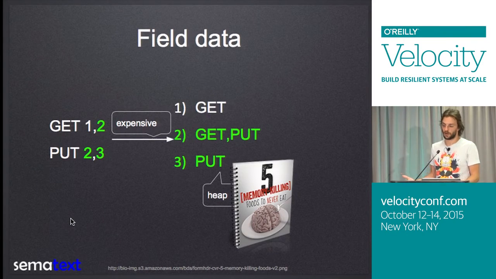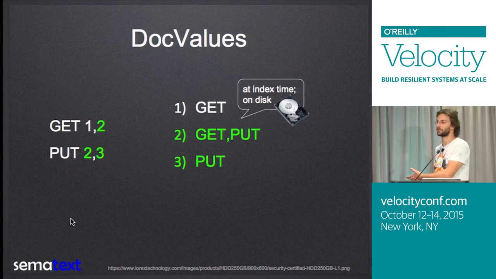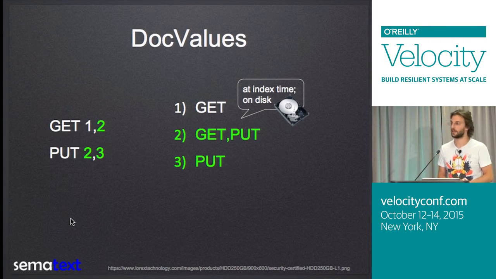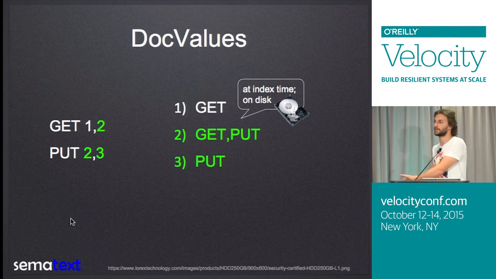So normally when you do aggregation, you would do that on not analyzed fields, and on not analyzed fields you have an alternative, which is called doc values. With Elasticsearch 2.0, which is right around the corner, this is the default for not analyzed fields. Basically, we'll build a structure like field data, a columnar structure, but it will build it when you index the documents in the first place, and that will be stored on disk next to your inverted index.